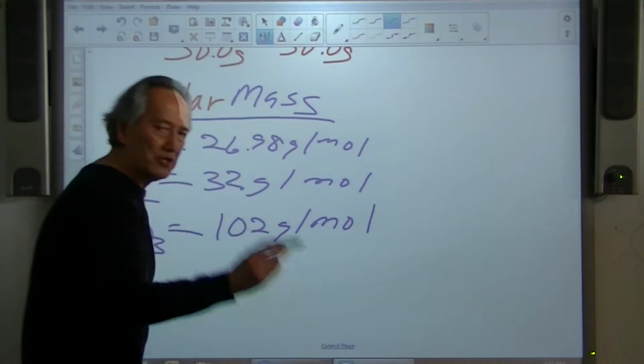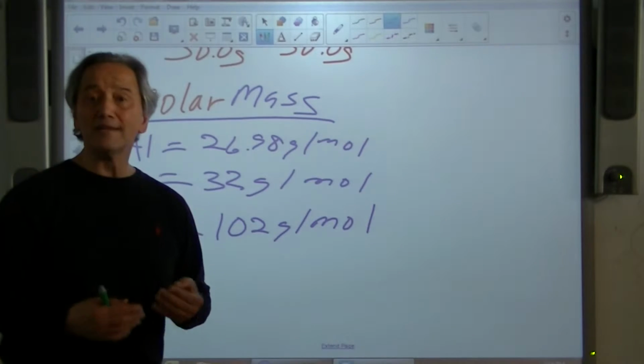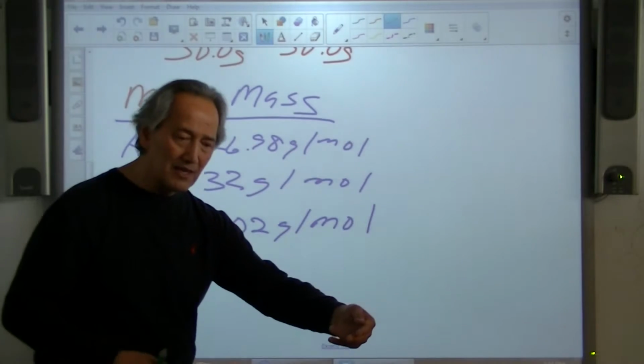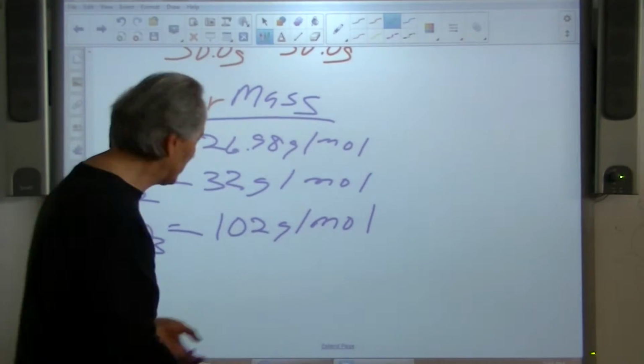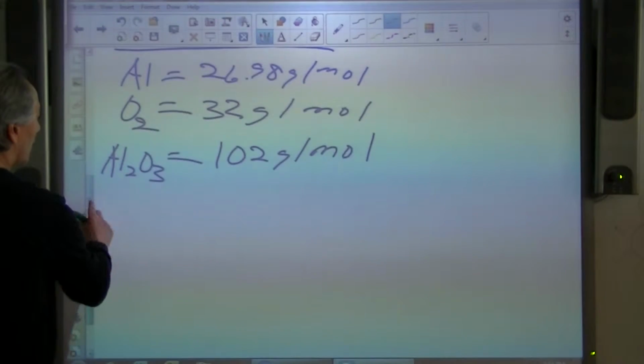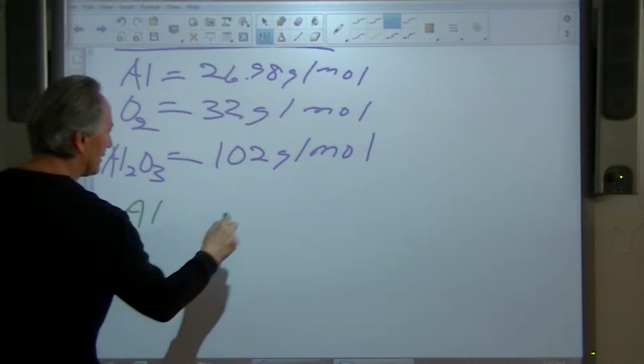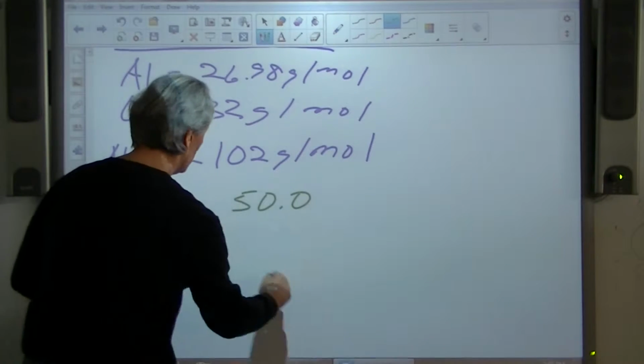Our next step, and I'm going to use a different color here, is to identify the number of moles of the reactants based on the amounts that are given. So let's proceed. Okay, let's move this up so we can see. All right, we note that on the aluminum side, we were given 50 grams.